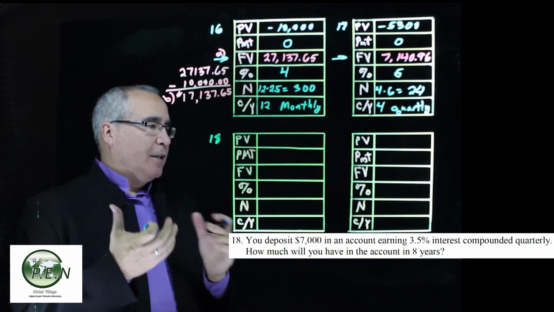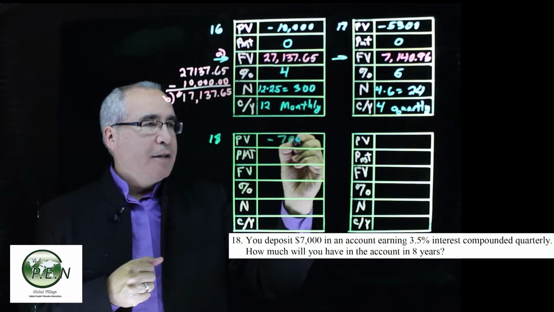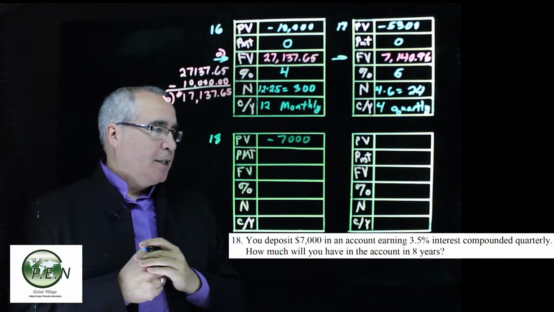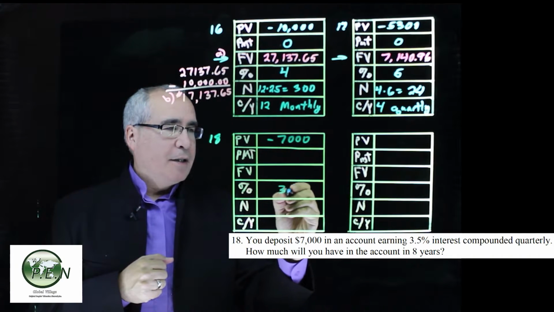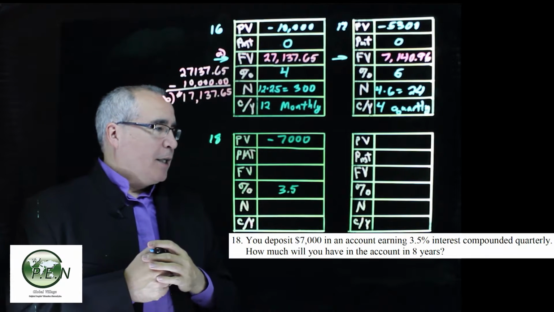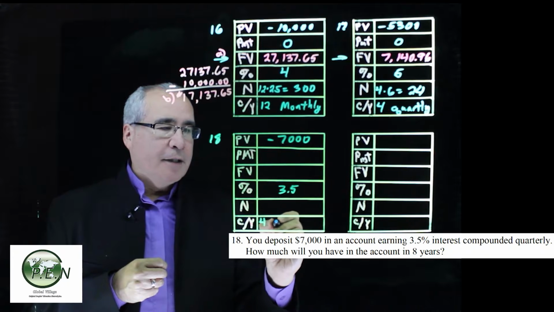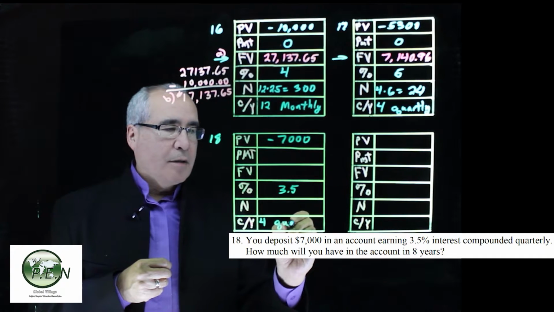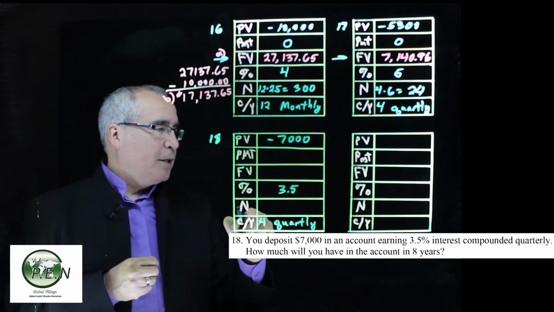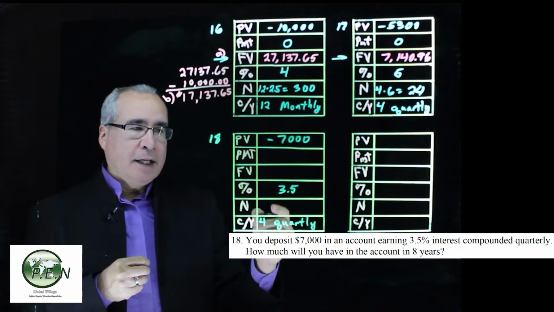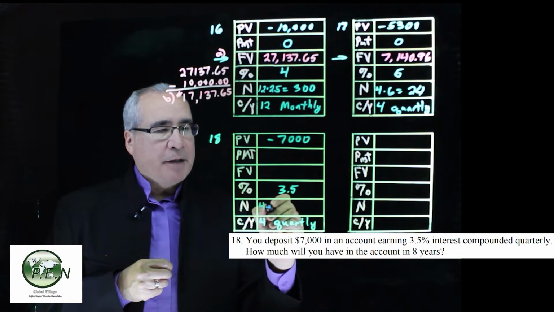Number 18. Pretty straightforward again. This time we're going to deposit $7,000. We're going to earn 3.5%, that goes in the interest, and we're going to compound quarterly again, so that's 4 times in a year. We want to leave it on deposit for 8 years, but we have to multiply by the number of compounding periods.